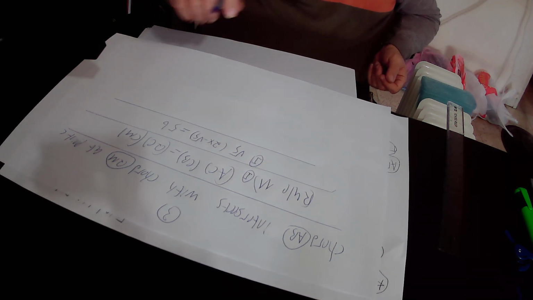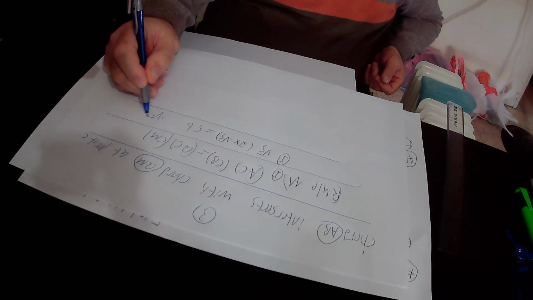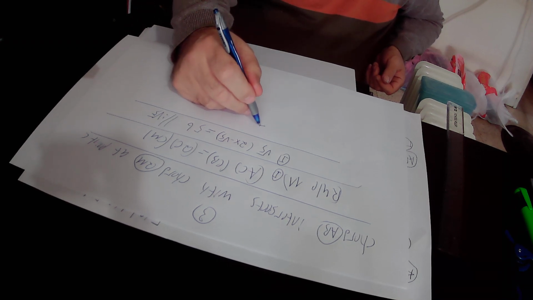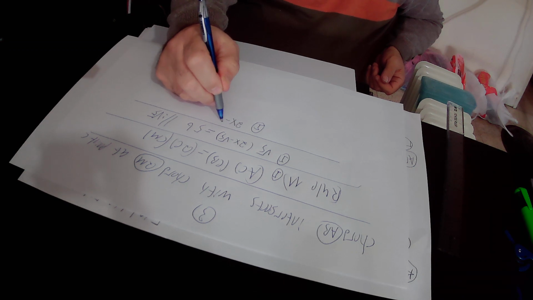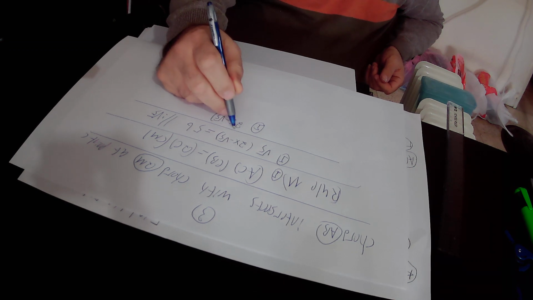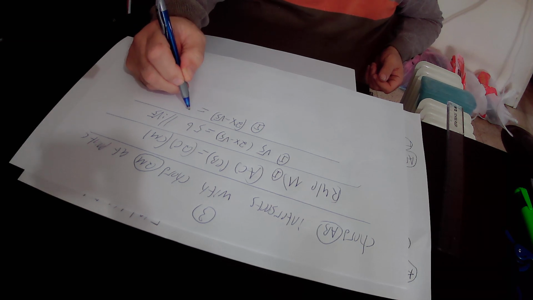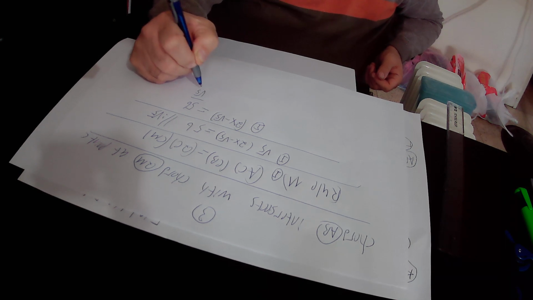We will divide equation number 1 by square root of 5. And we'll get that 2x minus square root of 5 equals 5b over square root of 5.